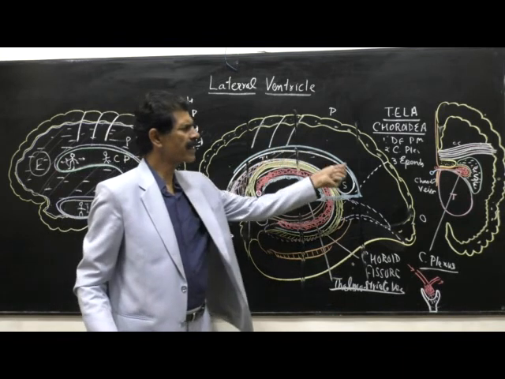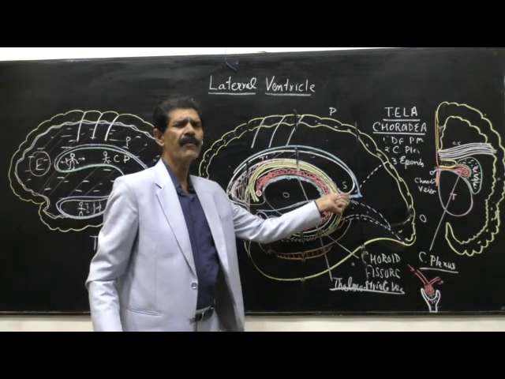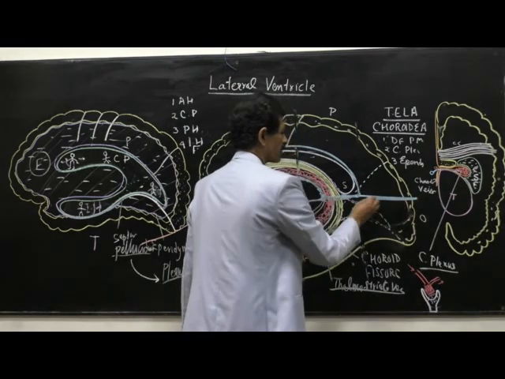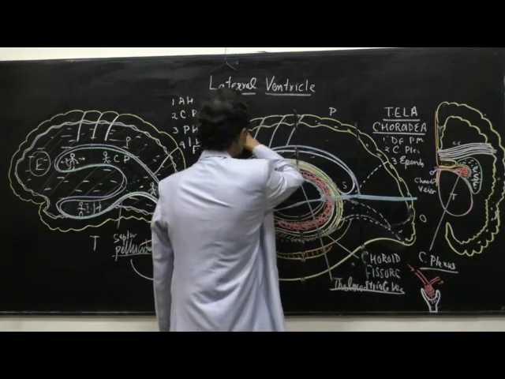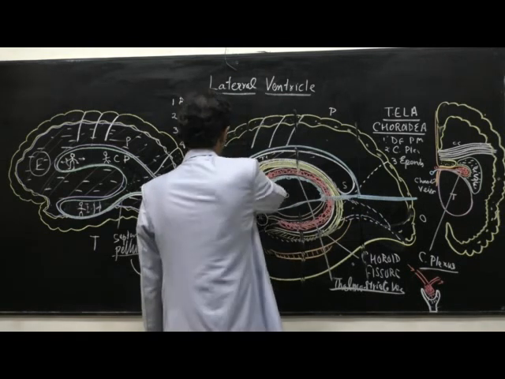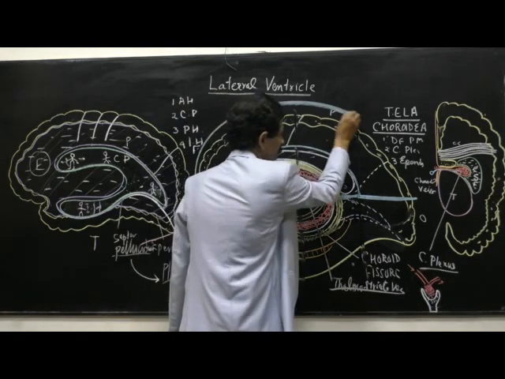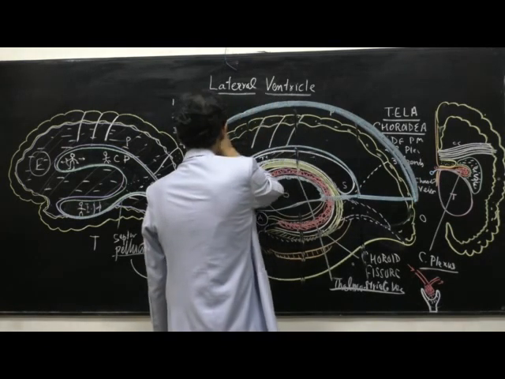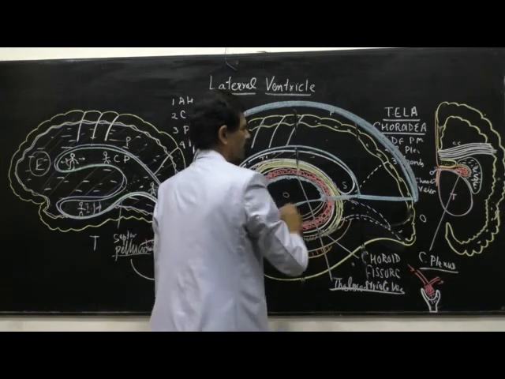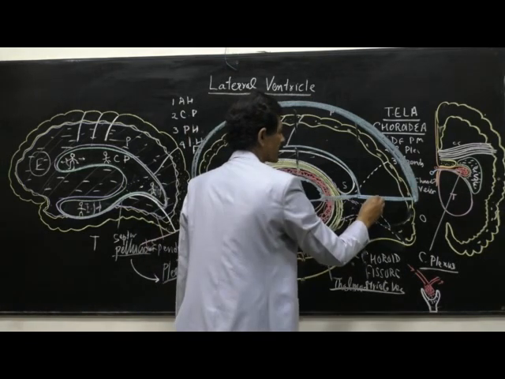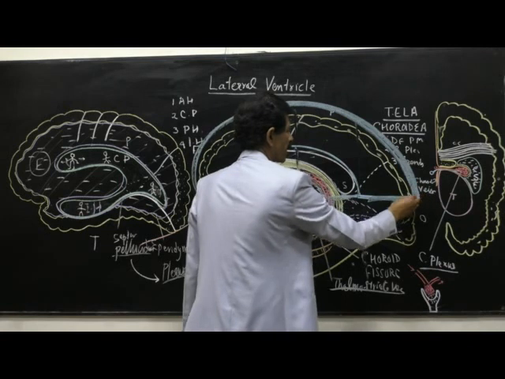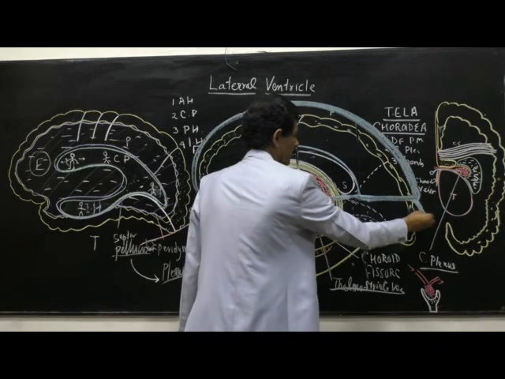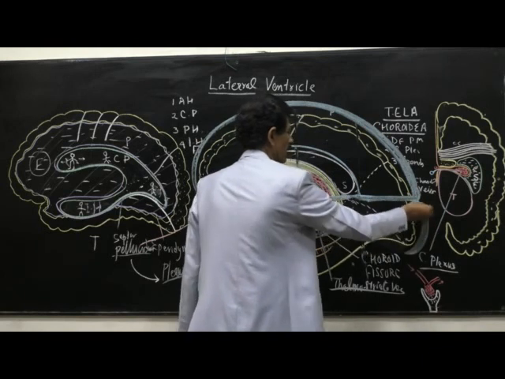So this inferior sagittal sinus and the great cerebral vein both unite to form what is called the straight sinus. And the straight sinus then meets the superior sagittal sinus, where the straight sinus opens into the right and left transverse sinus.